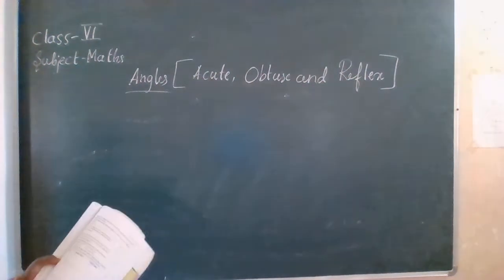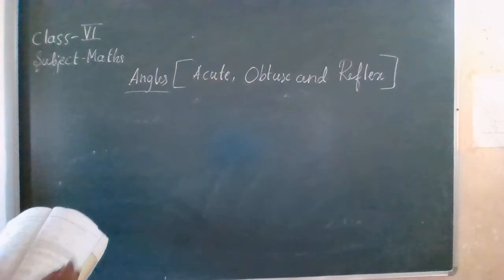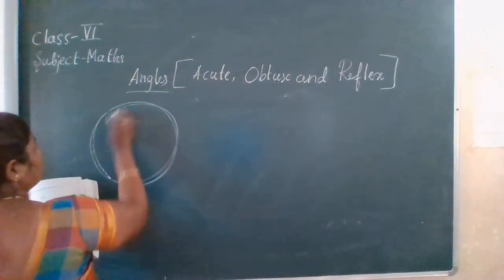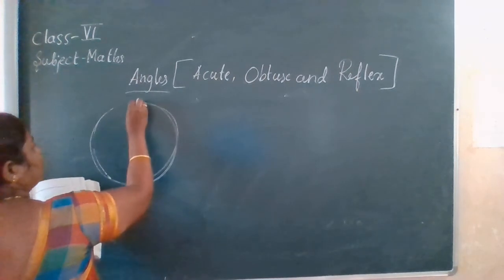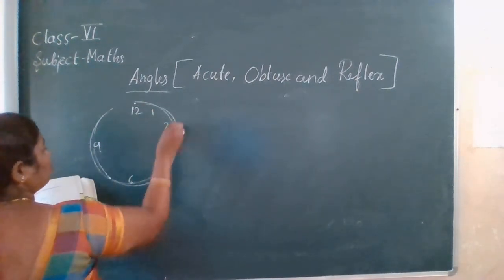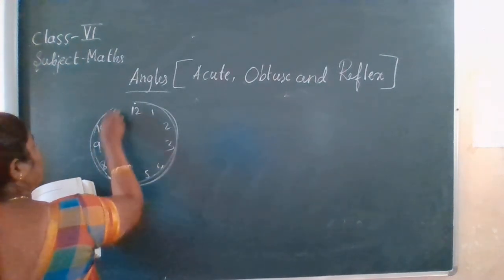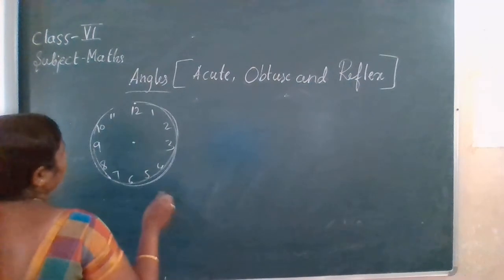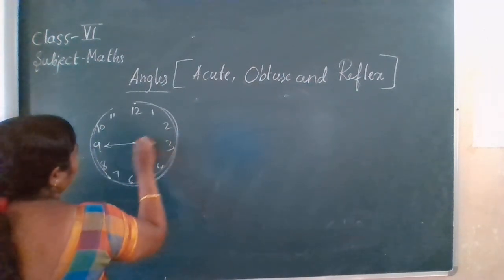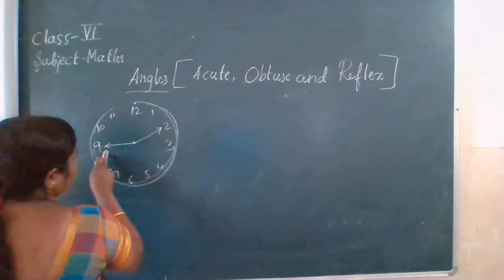Try this, we'll do this. Then reflex angles. Suppose we take a clock: 12, 6, 3, 9, 1, 2, 4, 5, 10, 11. If we take the time 9 to, it has come from 2 to 9.